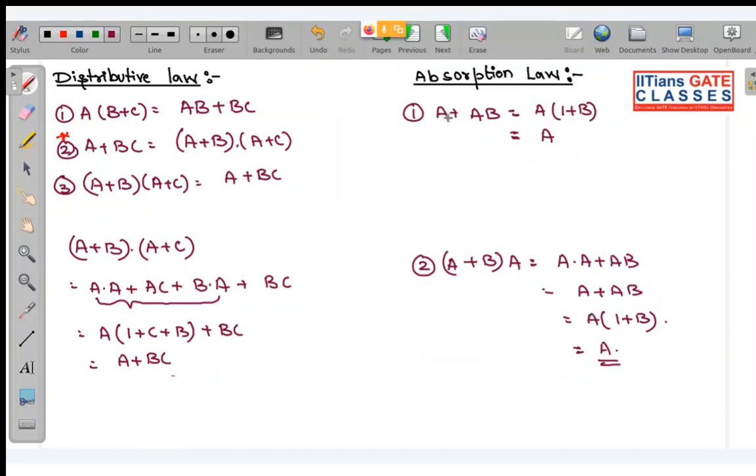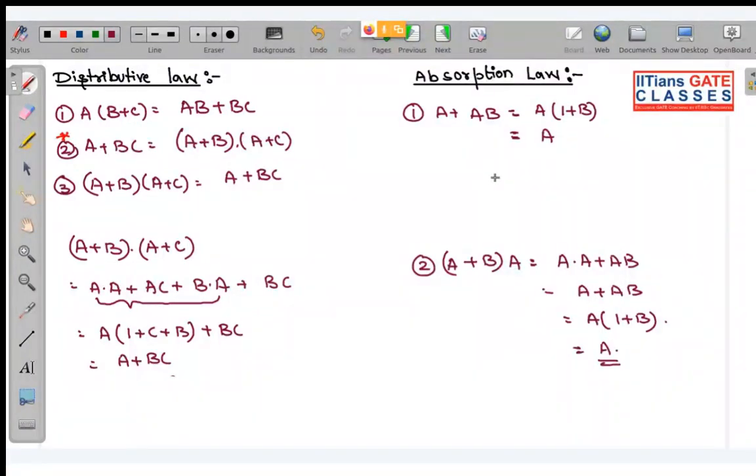Sometimes during minimizing the expression, you require all these laws. But even if you don't remember, you will be able to minimize it with the help of K-map. K-map mostly will be done in the next class. Today we are just going to deal with Boolean law.